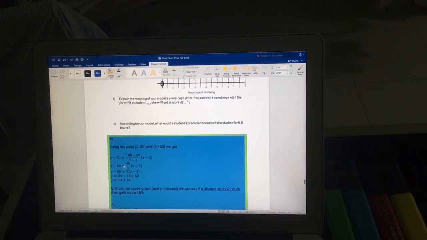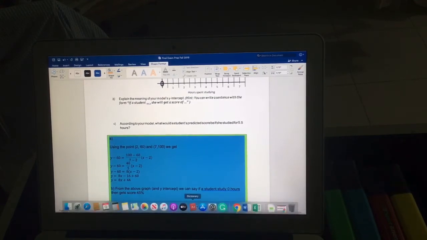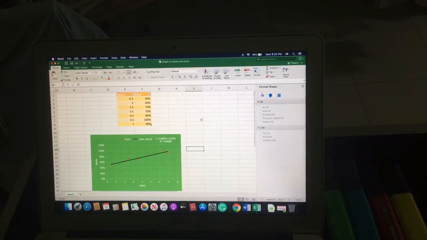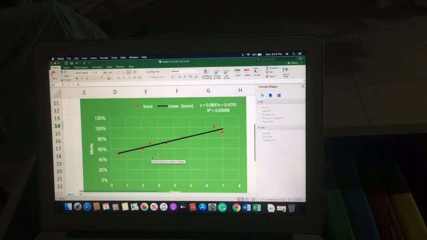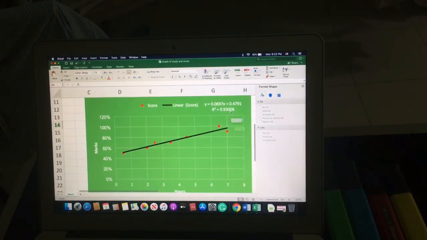Let me show you one computer simulation solution for this question. So this is the computer simulation answer. If we have this data, then the computer draws the graph this way. If you want, I can try to make it bigger. So this is the exact equation of a straight line.